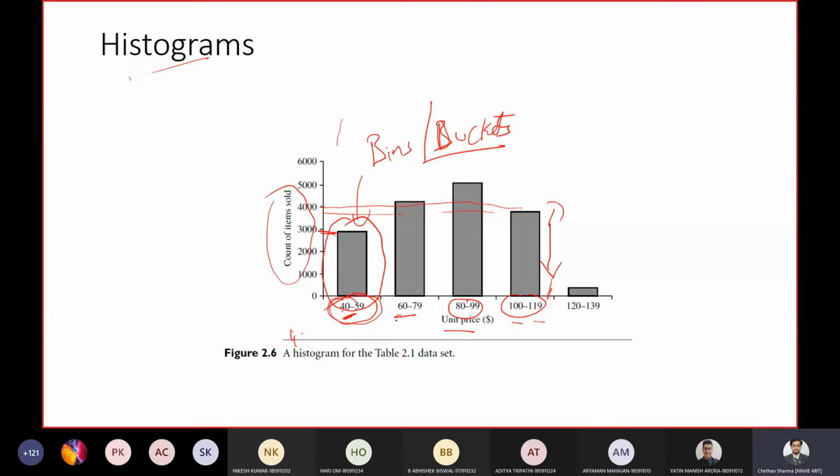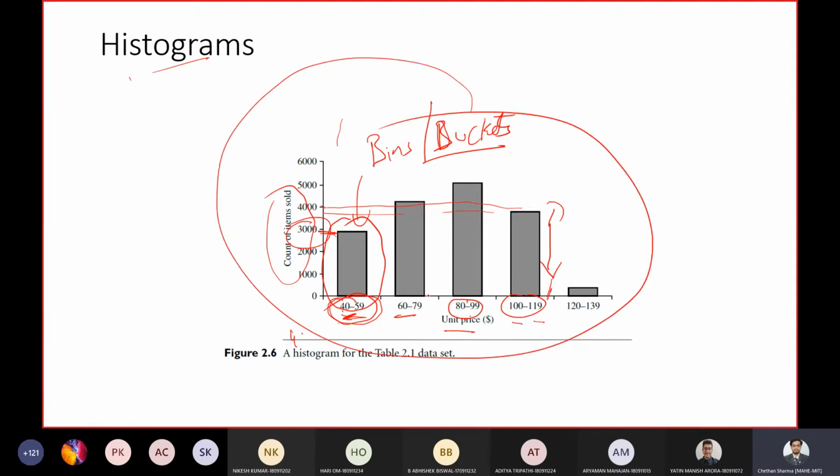So if your unit price is between 40 to 59, the total number of items sold is 3,000. So you will have a brief idea which unit price is getting sold more.